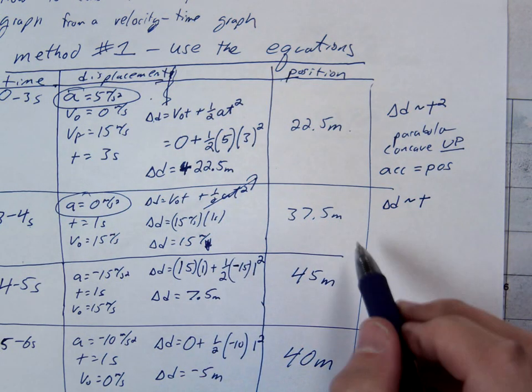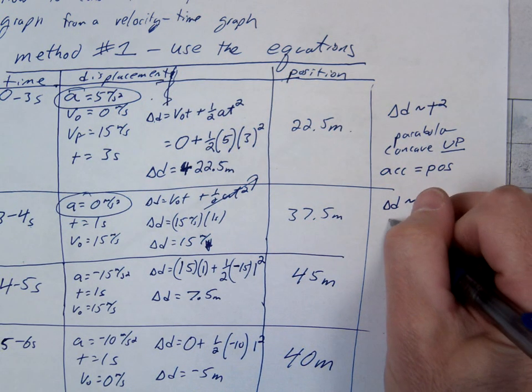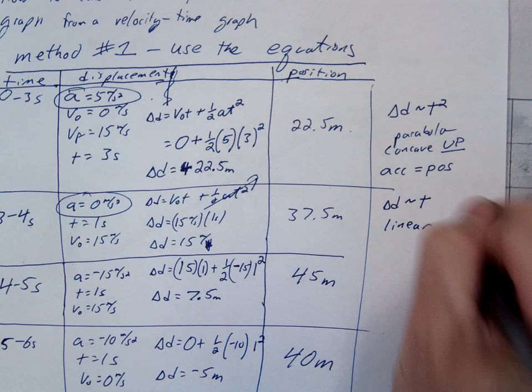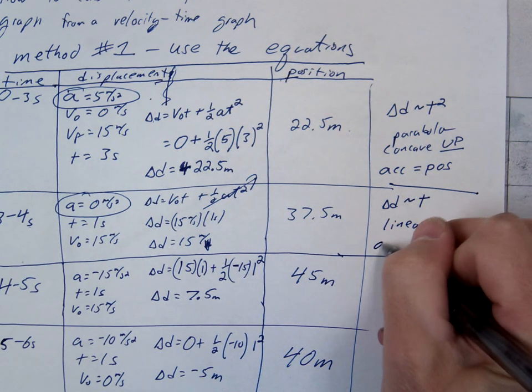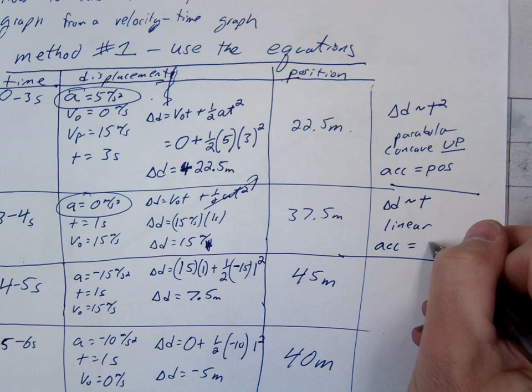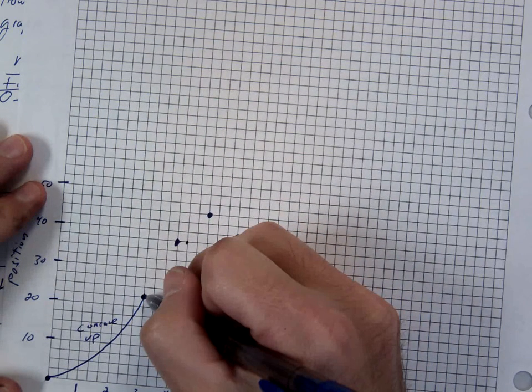Well, what kind of shape is this? A line, right? This is a linear type graph. This will always happen when your acceleration is equal to 0. Whenever the acceleration is equal to 0, we get a linear shape. So in this case, you will simply connect this with a line.